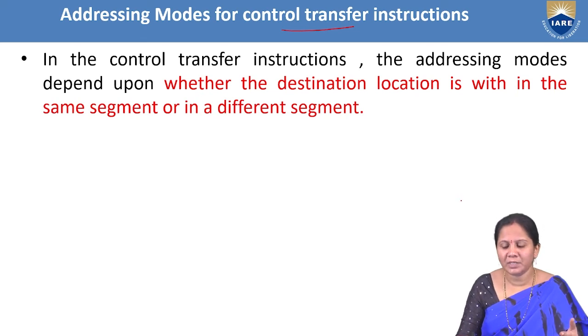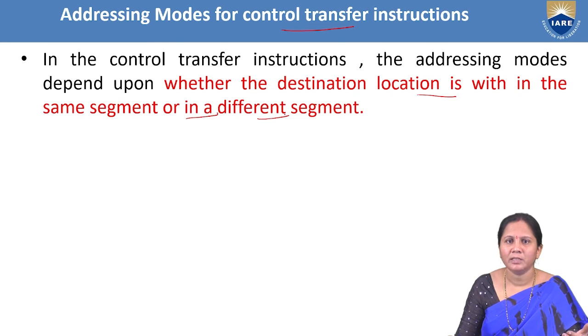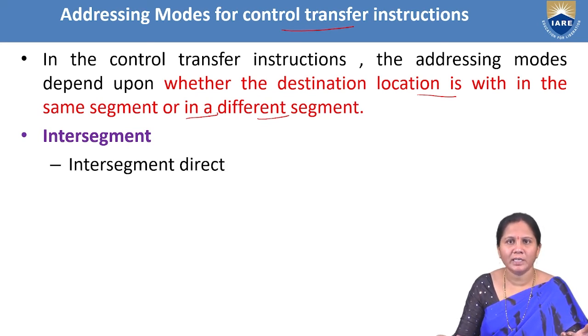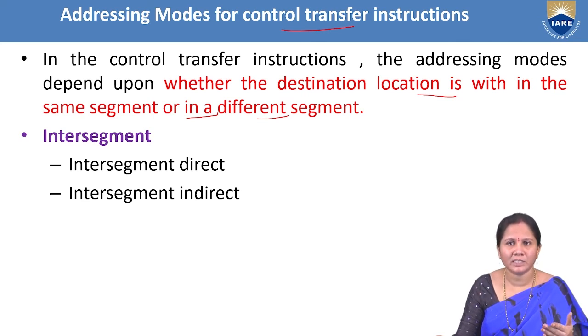Now, we will discuss these control transfer instructions. In the control transfer instruction addressing modes, whether the destination location is within the segment or within a different segment is the condition. So intersegment means out of the segment. Again, it is classified into intersegment direct and intersegment indirect. This direct and indirect term represents how that specific address is indicated as a part of an instruction. If it is indicated directly, it comes under intersegment direct.